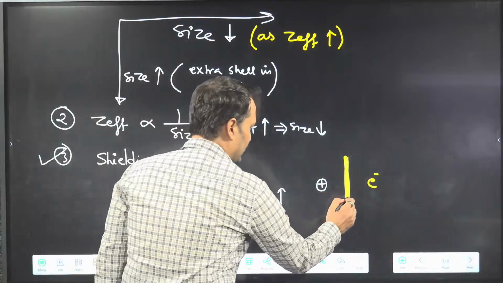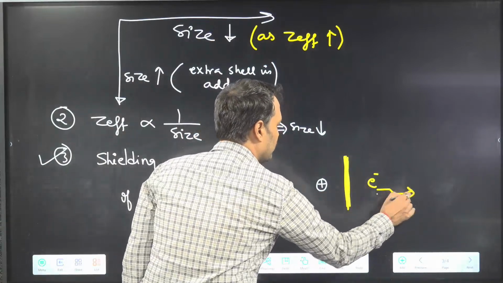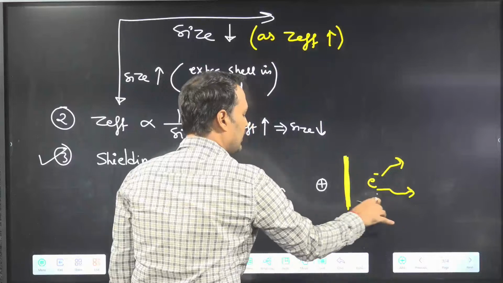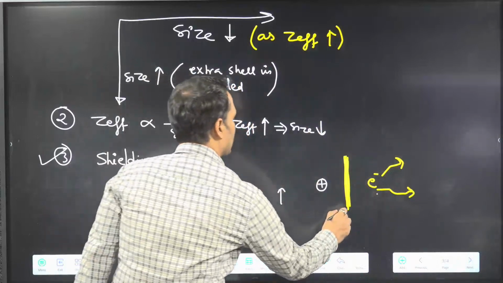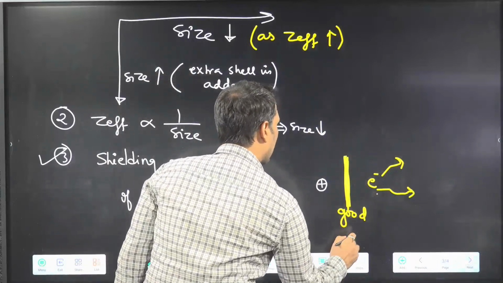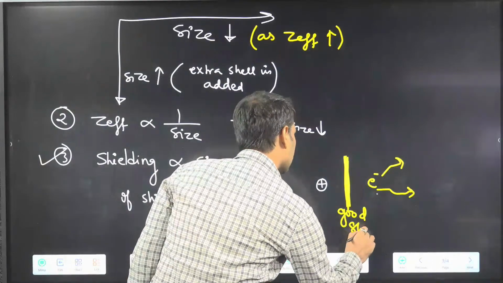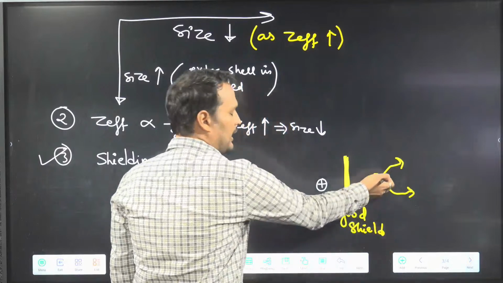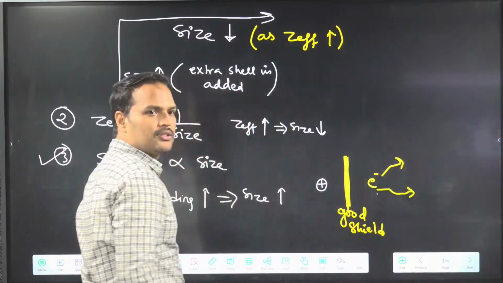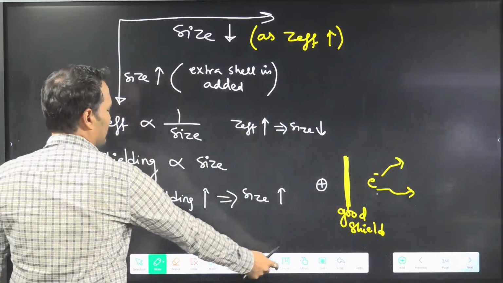If shielding increases, electron can move anywhere. Size will increase. Good shield. Very good. Captain America's shield. Electron is not in control. Size will increase.